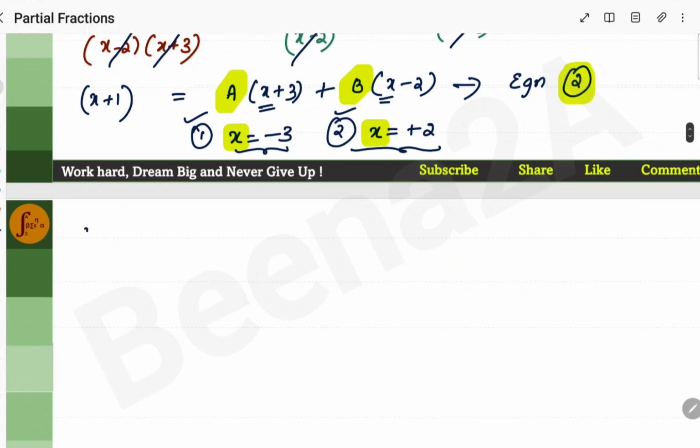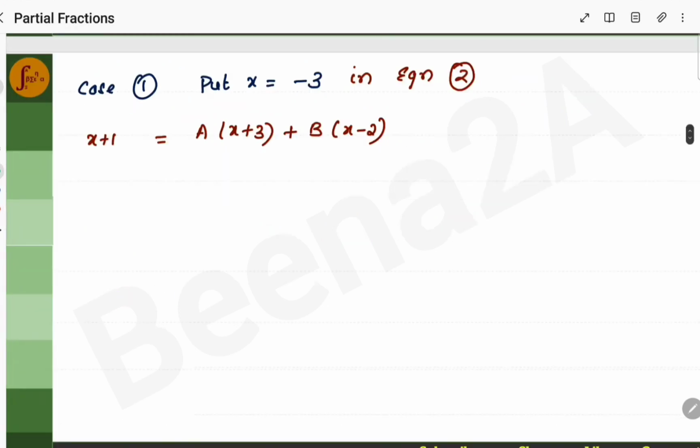Let's take case 1, right? Case 1 is put x is equal to minus 3 in equation 2. So what is equation 2? Let's copy it down. I'll put x is equal to minus 3. So instead of x, I'll put minus 3 plus 1 is equal to a into minus 3 plus 3.